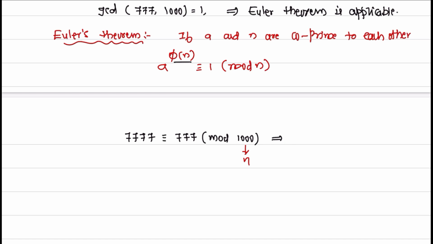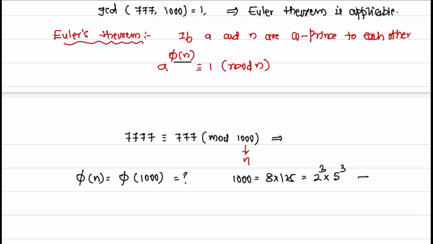What is phi of 1000? You see, 1000 is equal to 8 into 125, that is 2 cube into 5 cube, which implies phi of 1000 is equal to 1000 into 1 minus 1 by 2 into 1 minus 1 by 5, that is equal to 400.